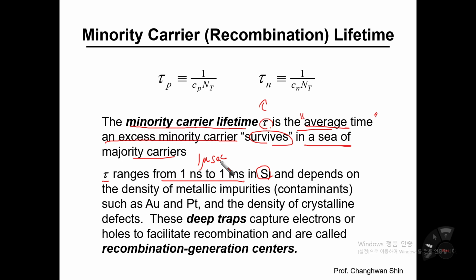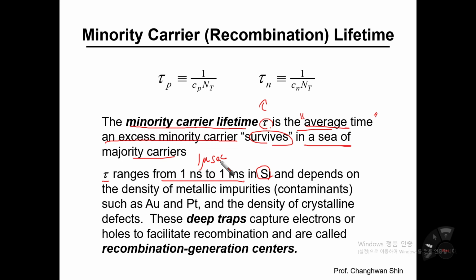The question is, how long can the injected hole survive in the sea of electrons? The answer is, on average, 1 microsecond. In other words, it takes 1 microsecond for the injected holes to recombine with electrons in silicon.